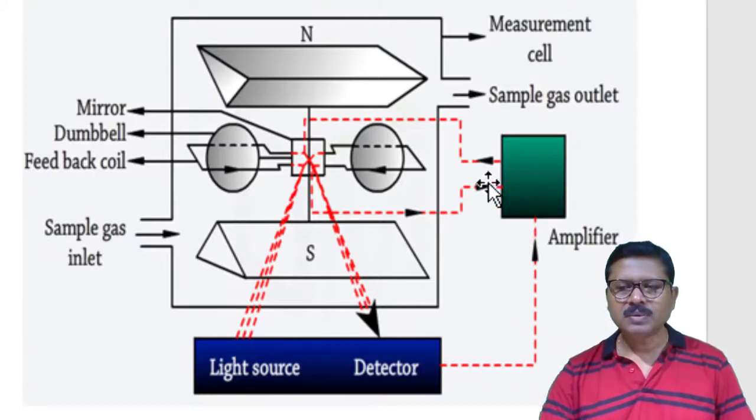Because of the change of output, the change of current will be higher. So this change of the current is the ultimate indication of the concentration of oxygen in the sample. So this is the dumbbell type oxygen analyzer. So oxygen concentration ultimately gets converted to an electrical output.